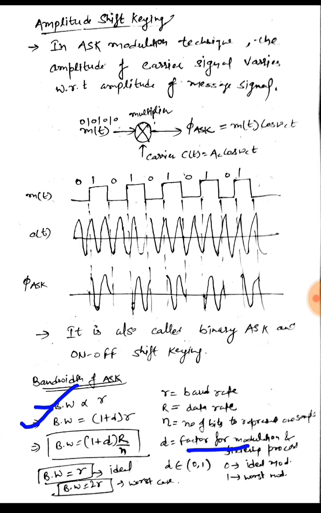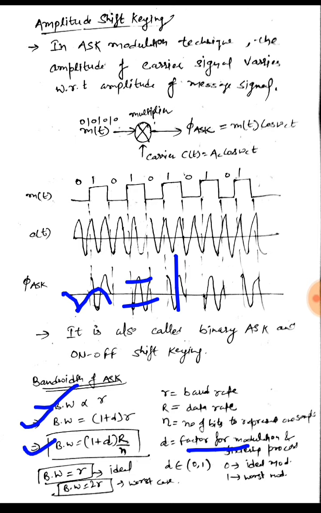Written in terms of bit rate, it becomes (1 + d) times R by n, where n is the number of bits used to represent one sample. As we are representing the sample using one bit only, n in this case is 1.